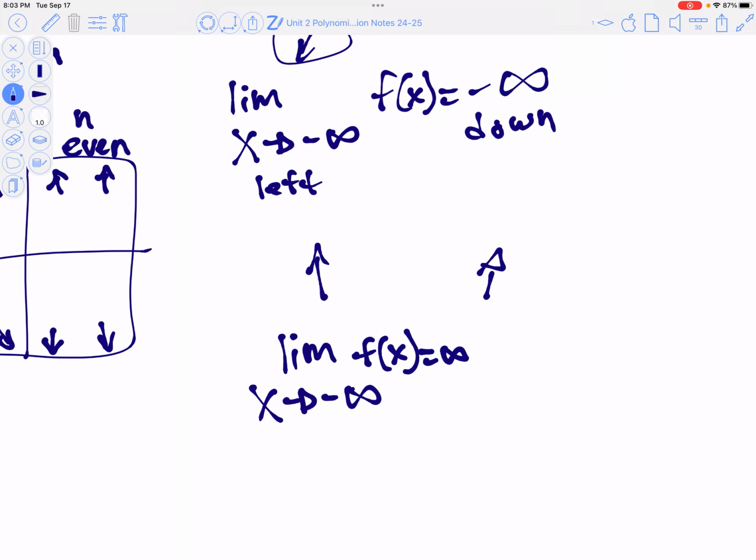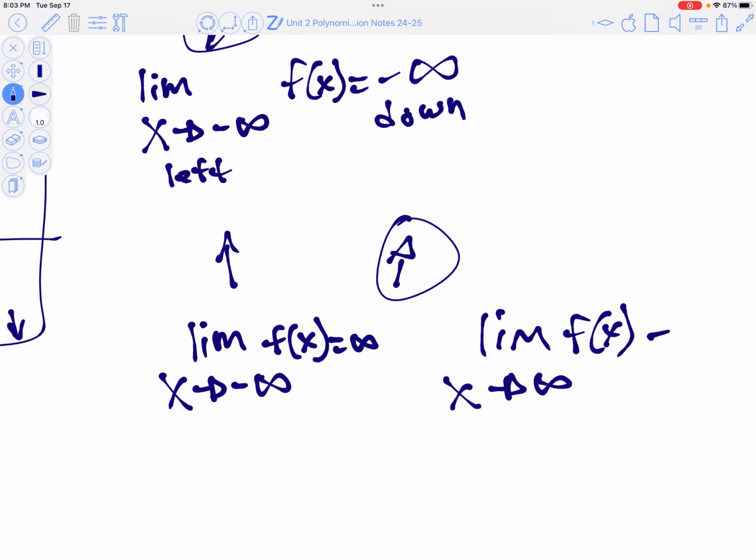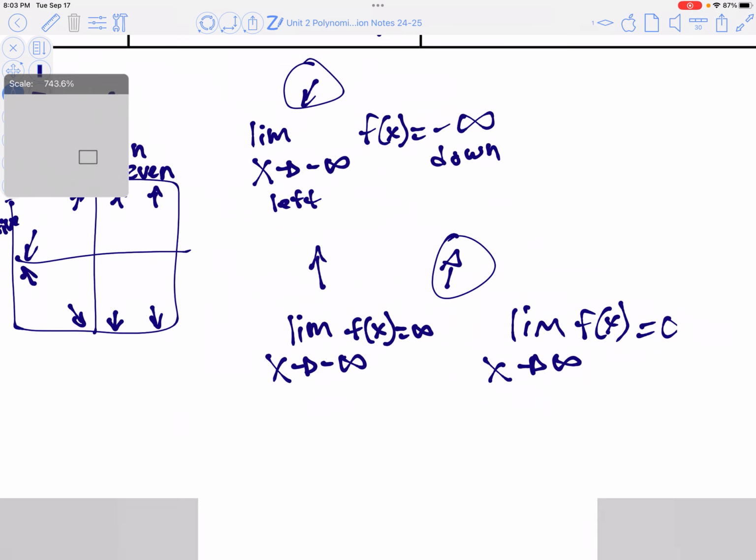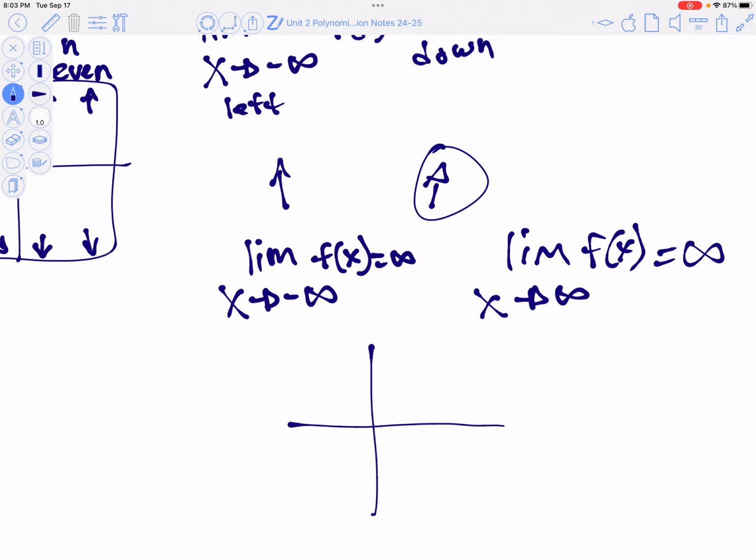On the right-hand side, the limit as x approaches positive infinity, the function will still remain positive. Remember, on the x-axis, if we head to the left, it's heading towards negative infinity, and if we head to the right, it's headed towards positive infinity. On the y-axis, or f of x axis, same thing: up is positive infinity and down is negative infinity.